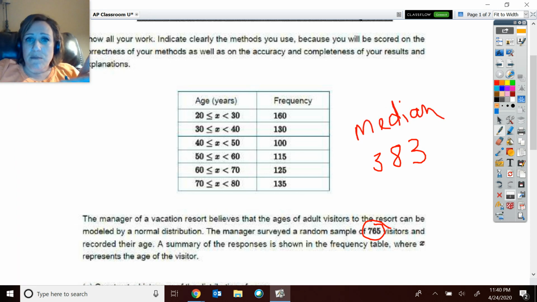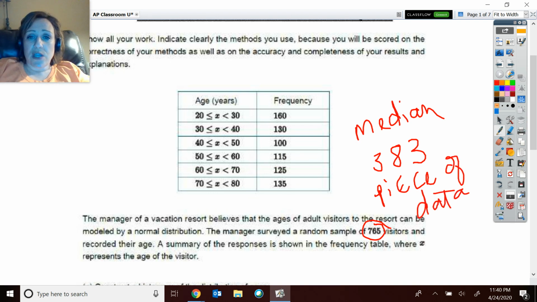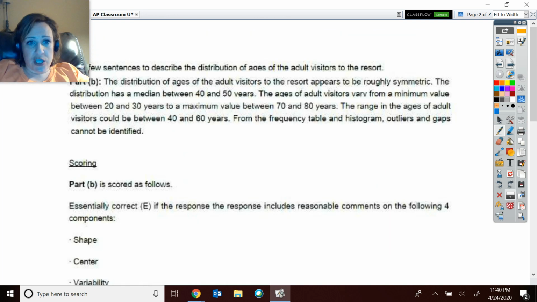If I line them all up in order, then the 383rd piece of data is going to be the median. And that 383rd piece of data falls in this section here from 40 up to 50. And so that's why the description says the median is from 40 up to 50 years of age.